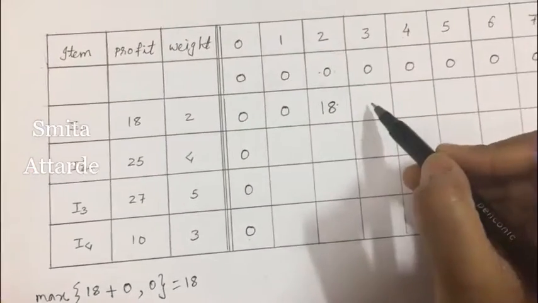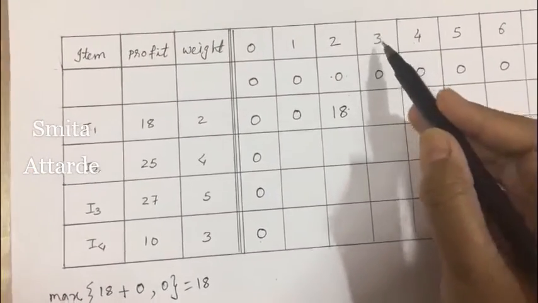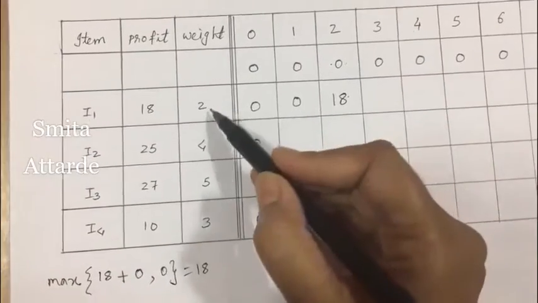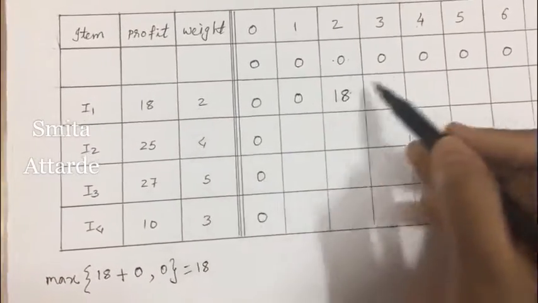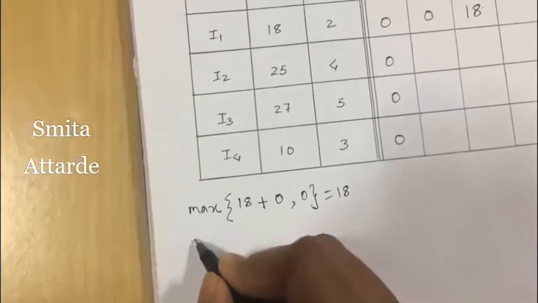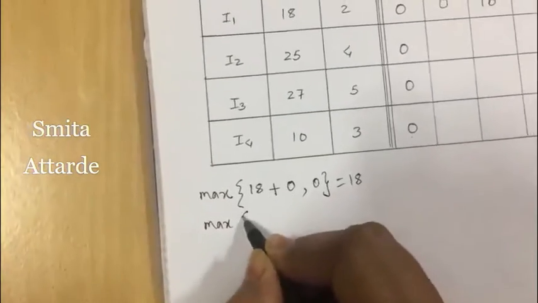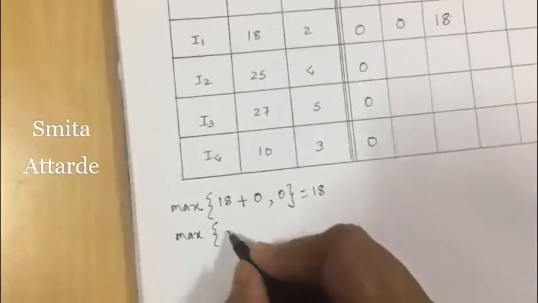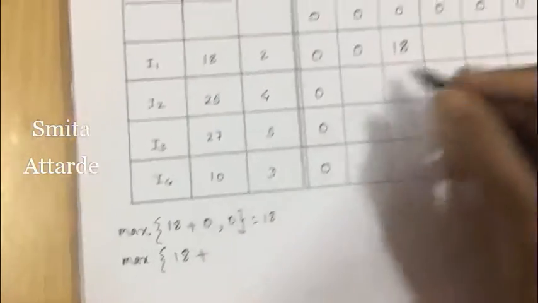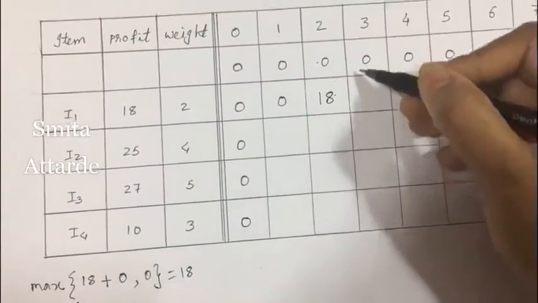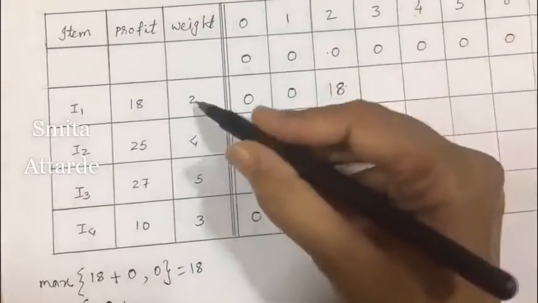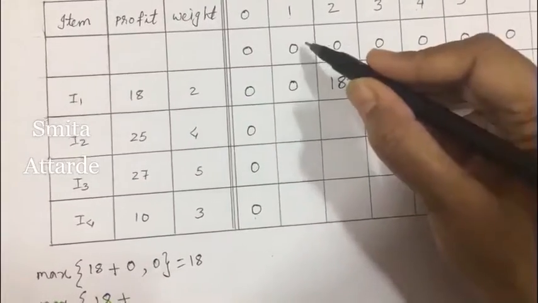Similarly, the next value. Again, capacity of the knapsack is 3, weight of the item is 2. So yes, we are going to get the profit. So again, I am going to use the formula max. Profit of this item is 18 plus. Now we are calculating this. Go one row above and weight of this item is 2. So 2 steps behind. So 0.